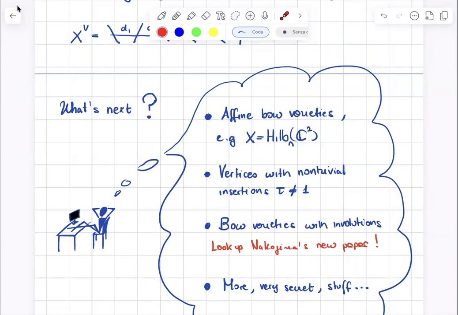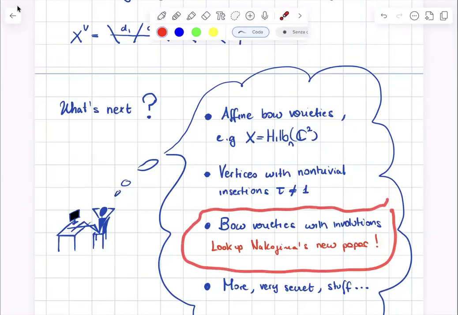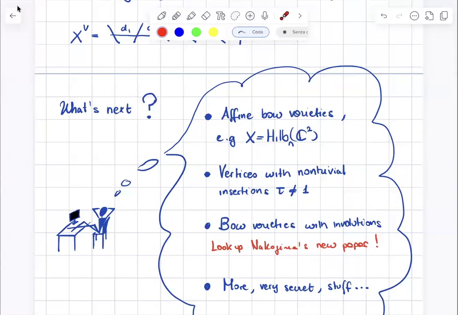So I guess this is another interesting problem. And just to point out that something is super fresh: there's a new paper by Nakajima.